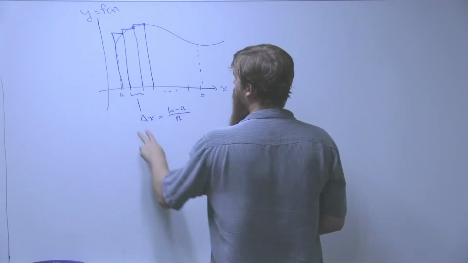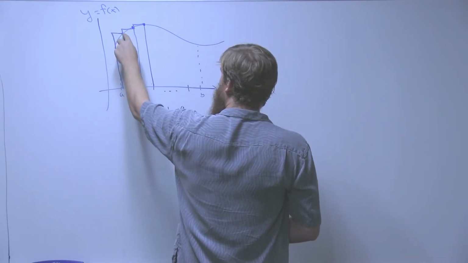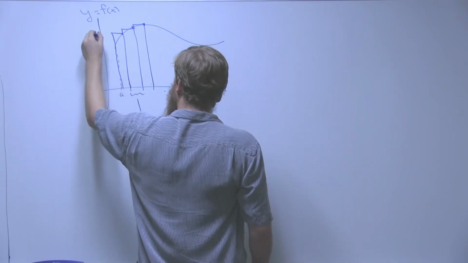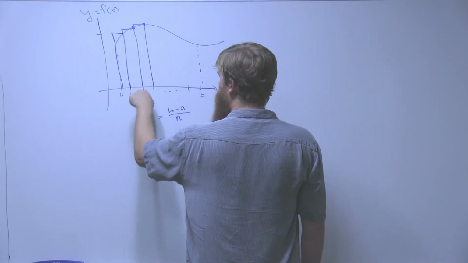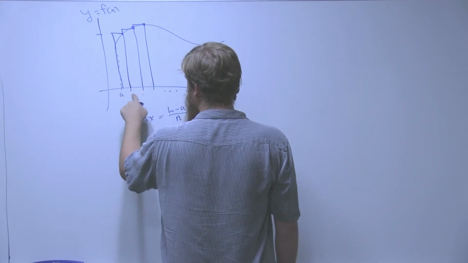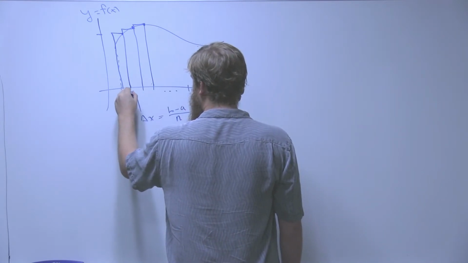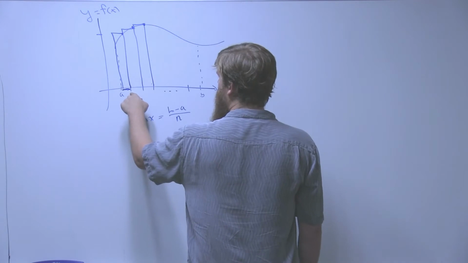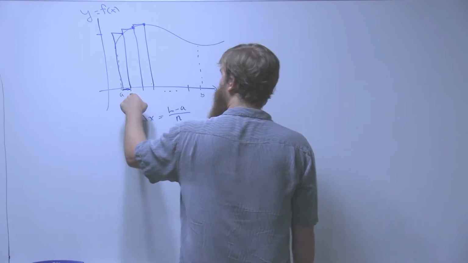So we determine the height of each rectangle by the value of the function at the right endpoint of each subinterval. So the height of this rectangle is f of this value.